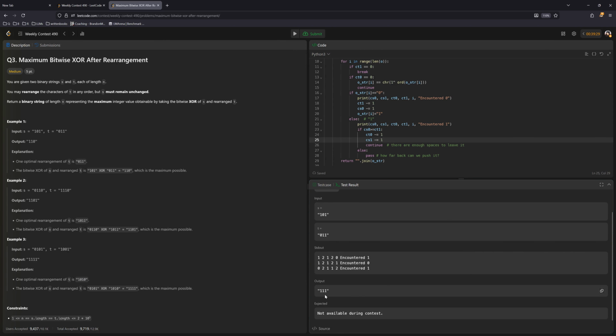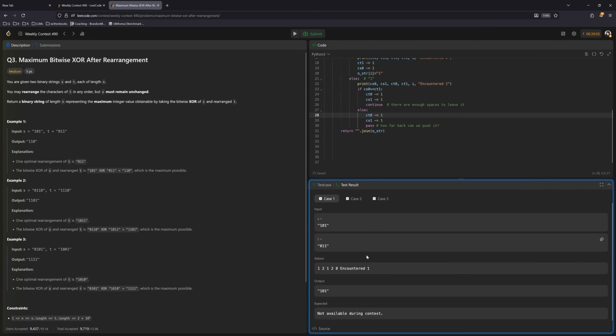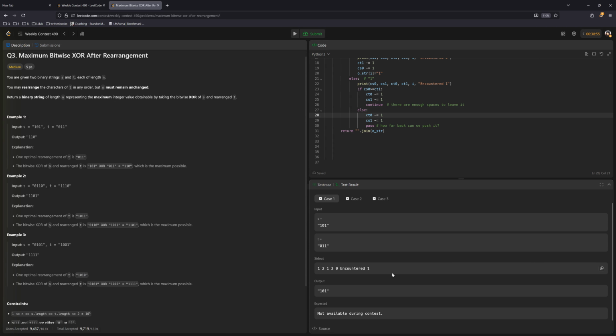Okay, so as long as there are more zeros than there are ones, then we do this. These seem identical. Okay, 1, 0, 1. God damn it. We encountered a 1.